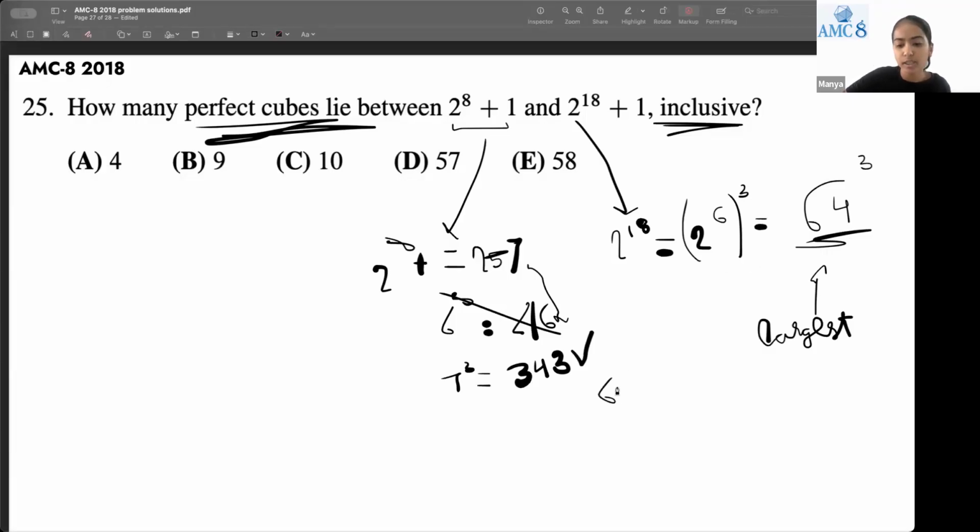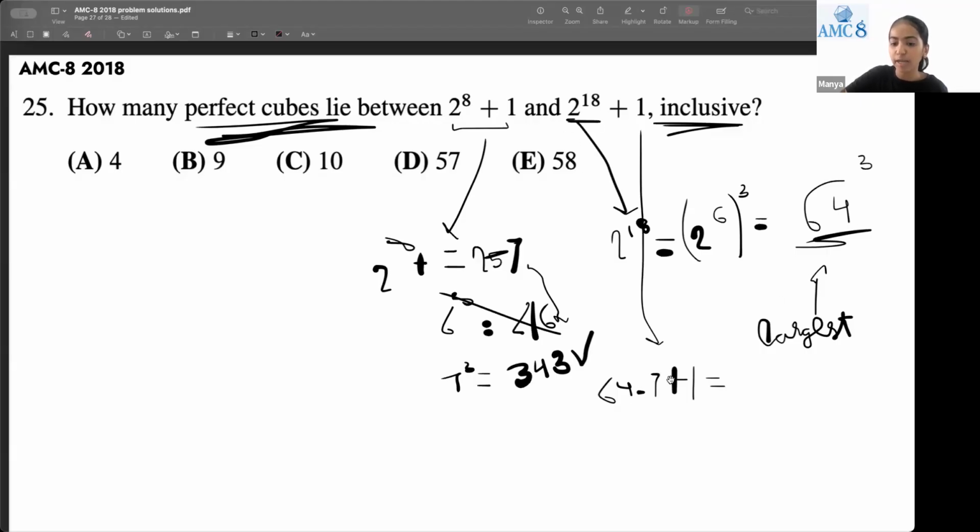So then we can do 64 minus 7 plus 1. Remember the plus 1 here. We can't add a plus 1 on the other side because we don't know the exact value of this. We just know that this is the largest cube possible.